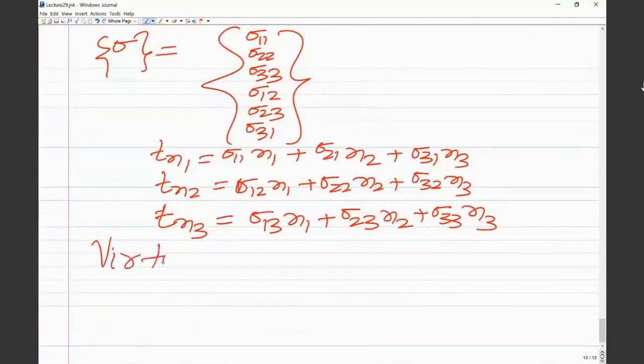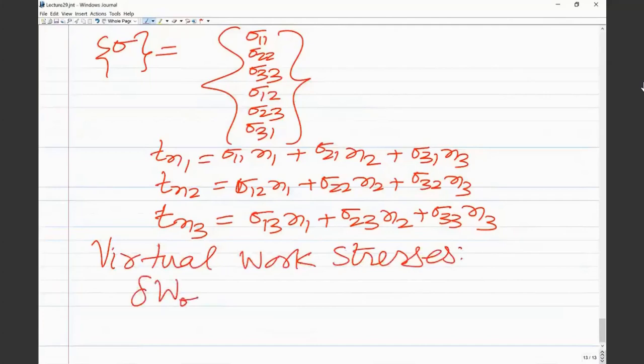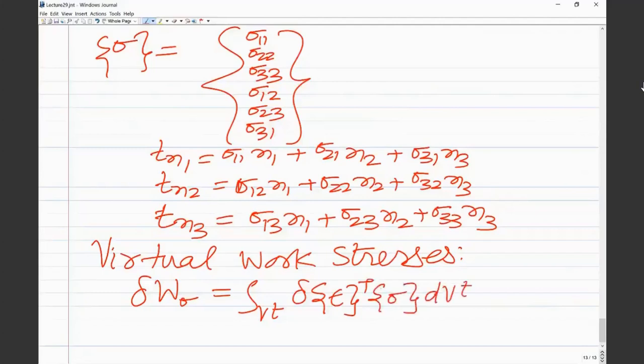Consider the virtual work of stresses from this weak form, only that term. Let me denote that by delta W sigma. Although sigma notation is used for Cauchy stress, it denotes a general thing, as I'm going to use the same notation for different stress measures. So this is the integration over the current volume of delta epsilon transpose into sigma dVt.